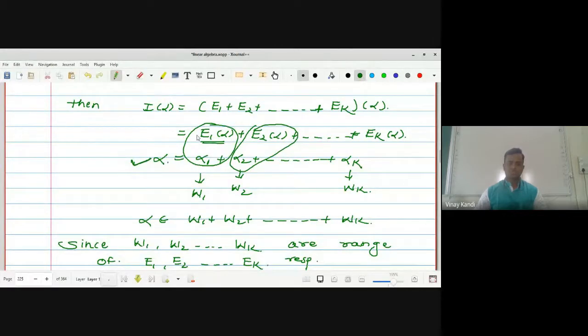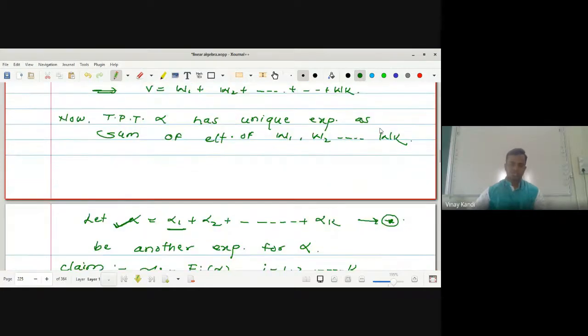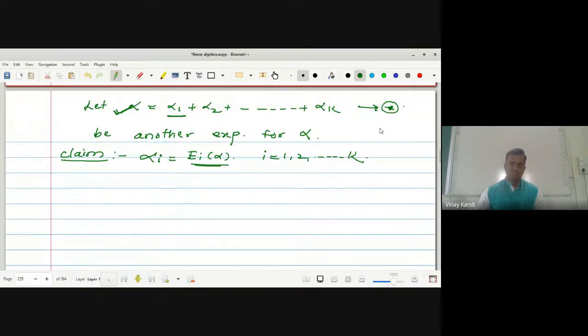That is, E1 of alpha is equal to alpha 1, E2 of alpha is equal to alpha 2, and EK of alpha is equal to alpha k. So what we have to prove is EI of alpha is equal to alpha I, for I running from 1 to k.